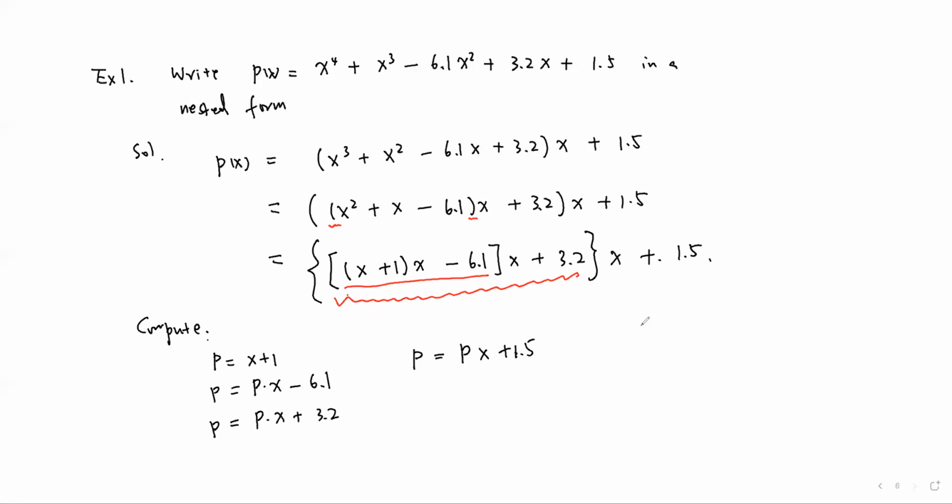How many multiplications for this computation? Here, there is a P times x. So 1 multiplication, 2 multiplication, then 3. So to compute the function value, we need 3 multiplications.